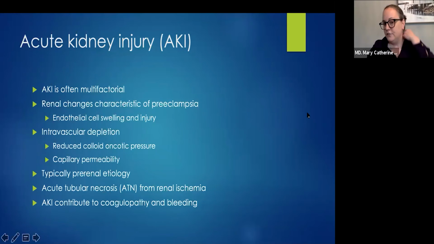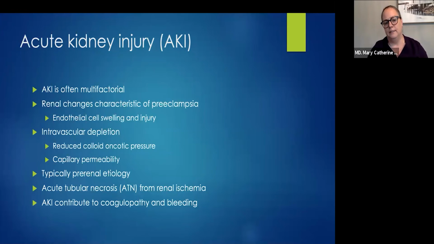And acute kidney injury in preeclampsia is often multifactorial. There are renal changes that are characteristic of preeclampsia that predispose to this. That would be endothelial cell swelling and injury as a result of the preeclampsia disease process.